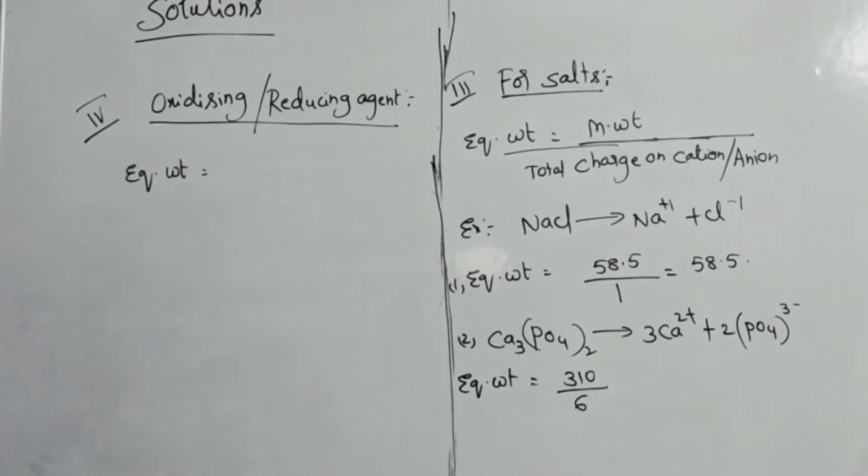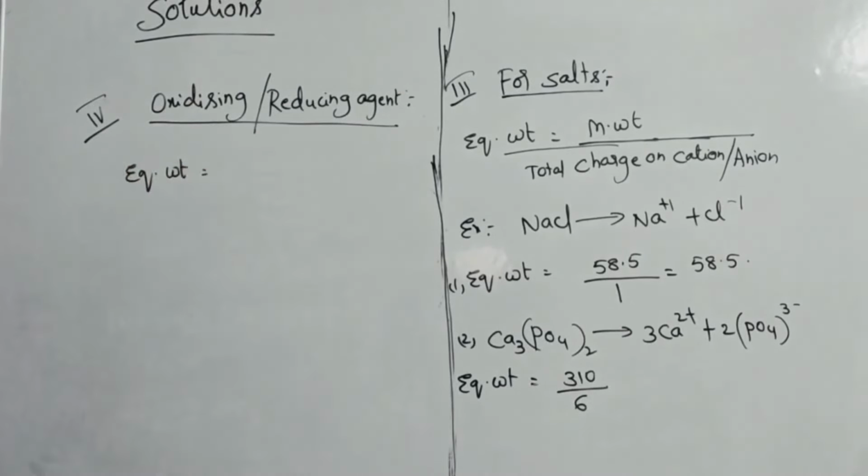Normality is equal to N into molarity, we have learnt. The N value you got as 2 and the M value is given as 0.1. So 0.1 into 2 is 0.2. Normality you got as 0.2.